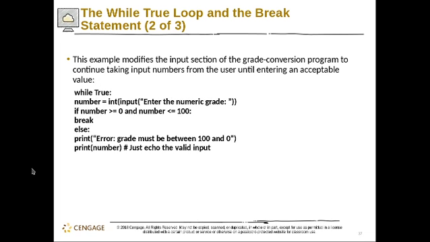So another example is the while true loop. This modifies the input selection of the grade conversion program to continue taking input numbers from the user until entering an acceptable value.